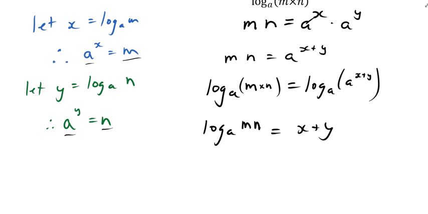But what is x and what is y? Let's go back to the blue and the green on the left. Log base a of m times n is equal to x, which is log base a of m, plus y, which is log base a of n. And that's what we were trying to prove. So now you can see it was convenient to let x and y be those things because it made it work out.